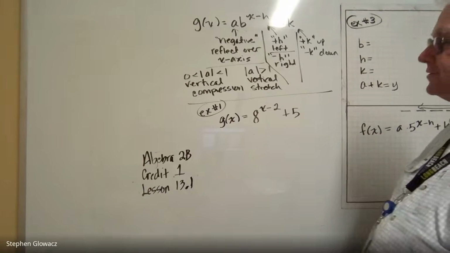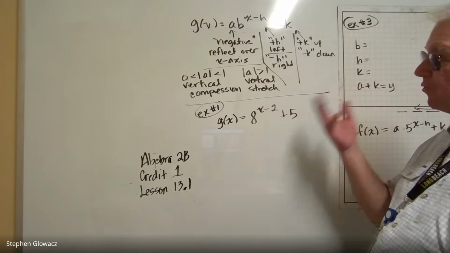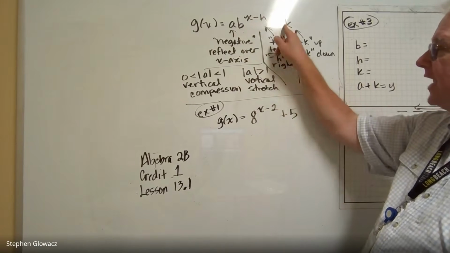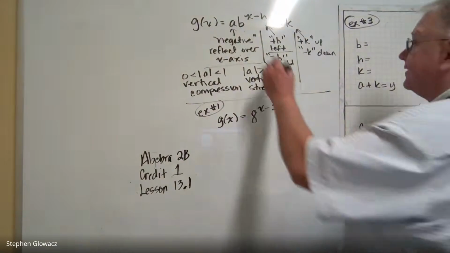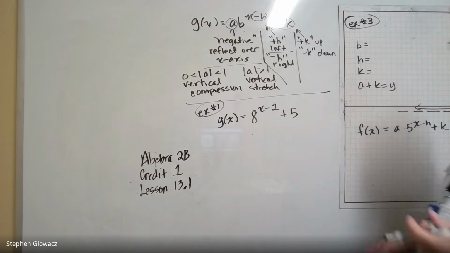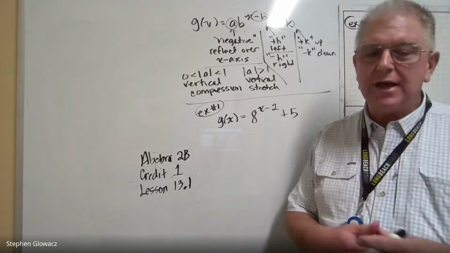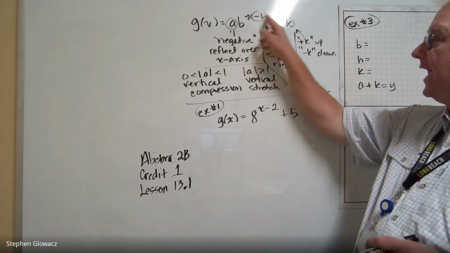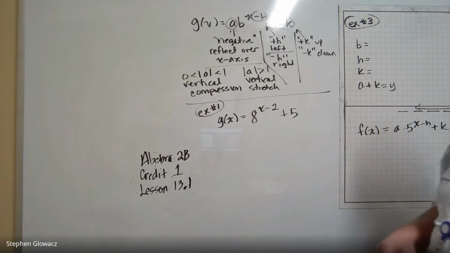The transformation rules are what the different letters A, H, and K do to the graph. It's the same as we saw with all other types of equations previously, so we'll just briefly review that.